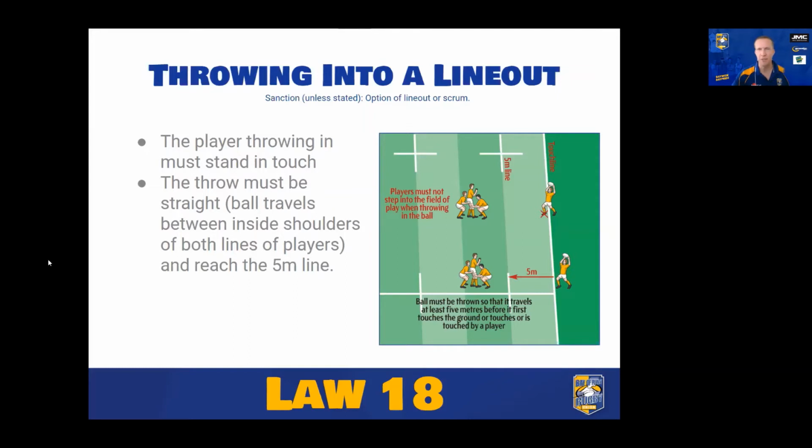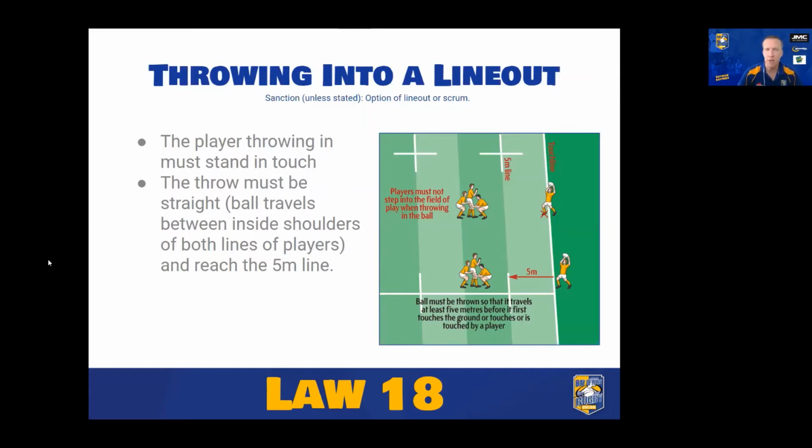Again, from a practical refereeing viewpoint, it's generally accepted that if the ball's between the inside shoulders, so it's in that gap, so looking at the shoulders, from the outside of that shoulder to the outside shoulder of the opposition, if it's in that tunnel, that tunnel is probably 50, 60 centimeters wide, then that's considered to be straight, because then both teams have a pretty clear shot of playing that.